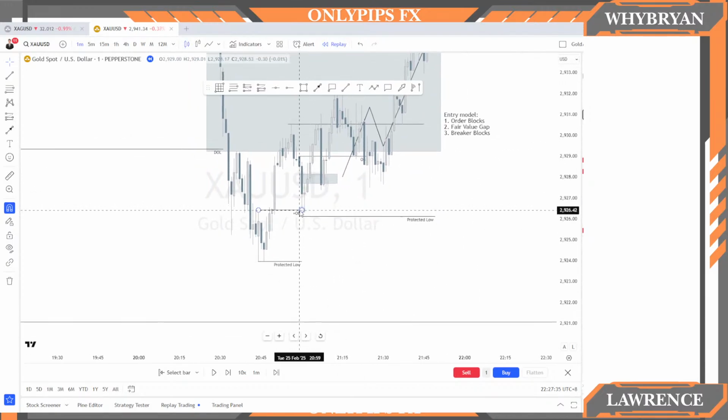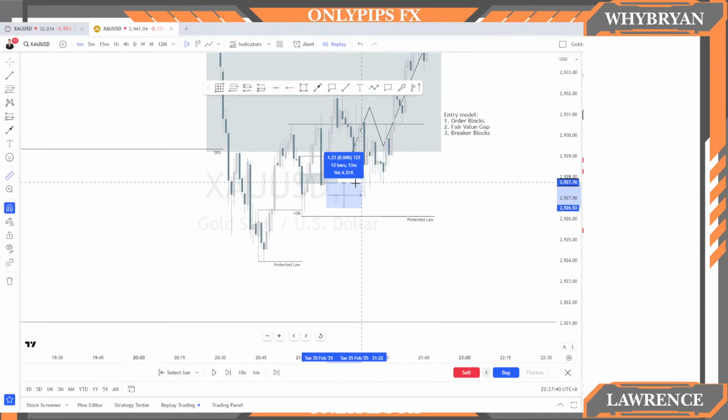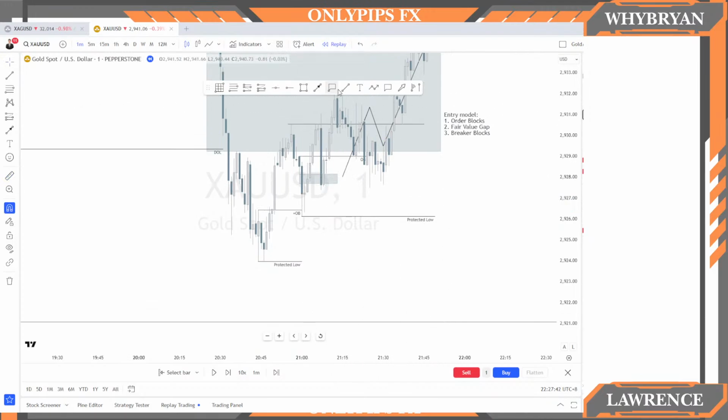For example, currently we found an OB, the order block, and we want it to align with the fair value gap to be valid. Why do I say so? Because everything about price is about premium and discount.